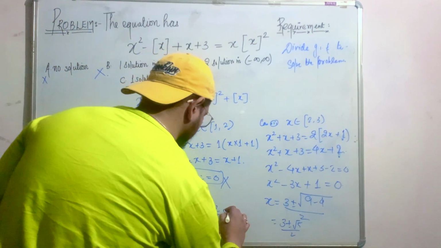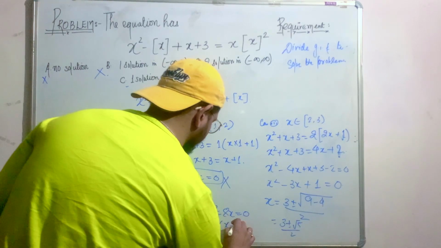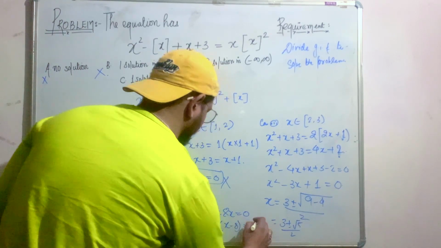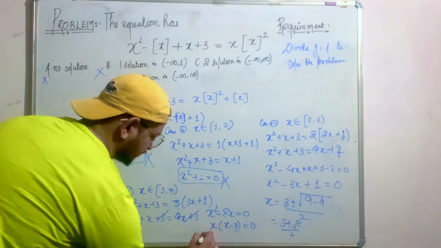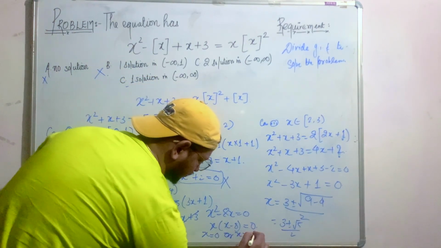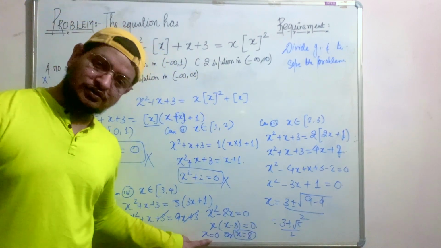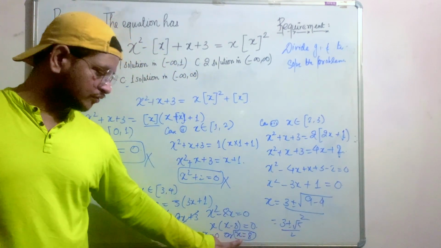You will get x square minus 8x equal to 0, and you get either x equal to 0 or x equal to 8.